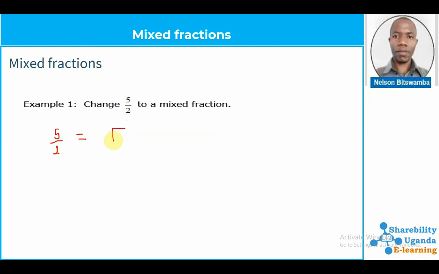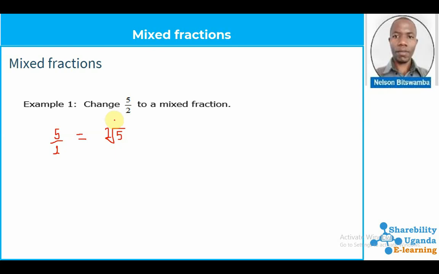This is going to be 5 divided by 2. Remember, we want a mixed fraction, so we shall deal more with the remainders. When you say 5 divided by 2, you get 2 remainder 1.